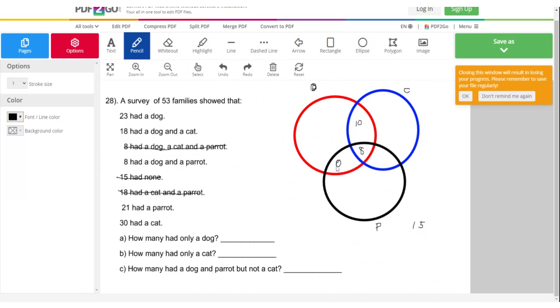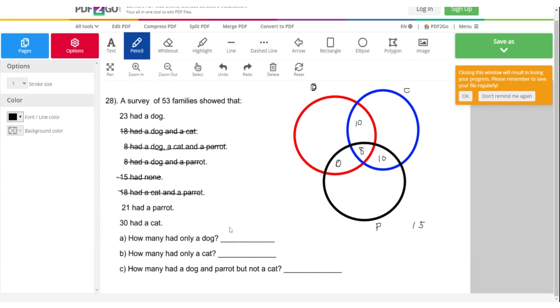There's no dog and parrot only. 18 had a dog and a cat. Hold on a second. Okay, and 18 had a cat and a parrot. I crossed out the wrong one first, but they're both 18.